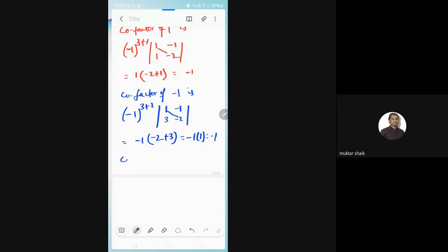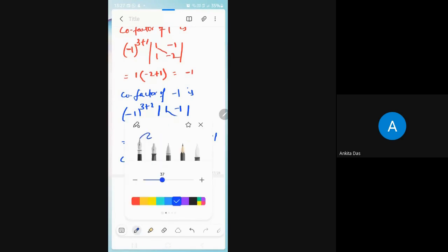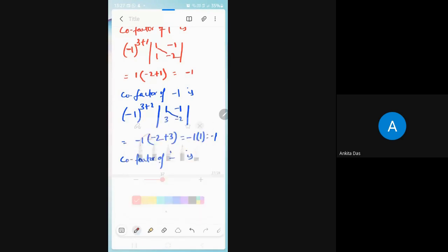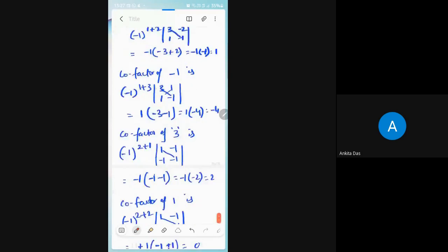Cofactor of minus 1. Minus 1 to the power of 3 plus 3. Just a minute. The cofactor of minus 1 is, this is in the third row plus third column, into the determinant of 1 1 3 1.